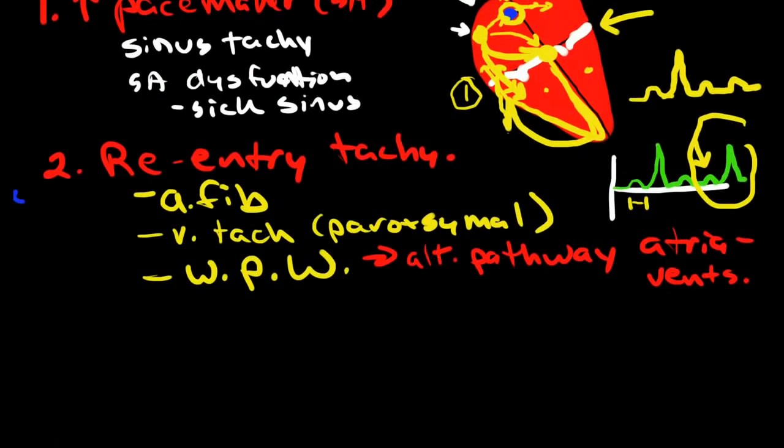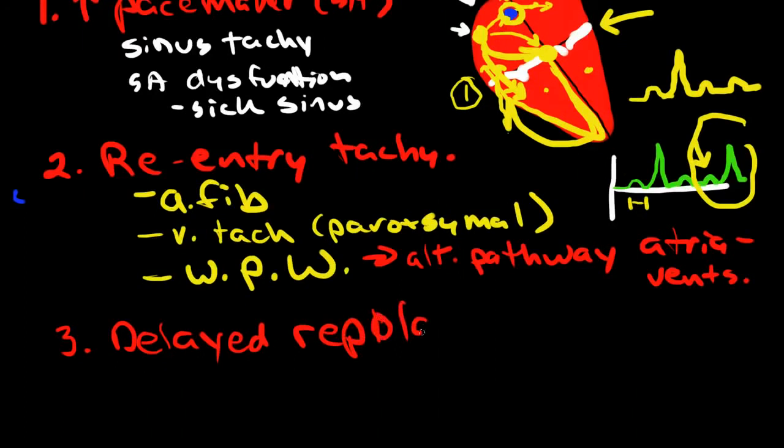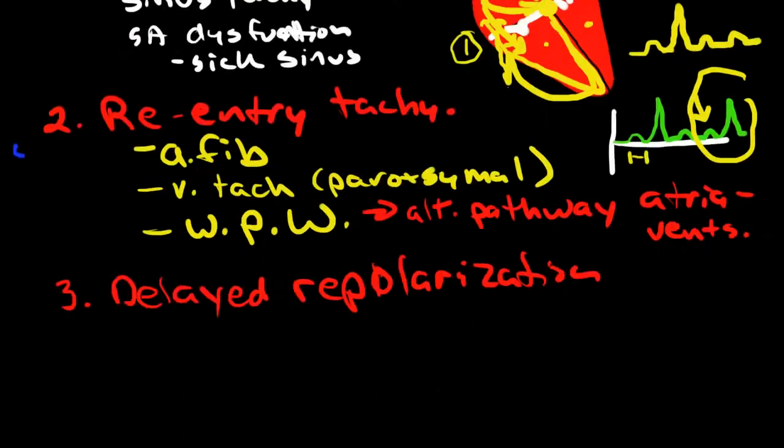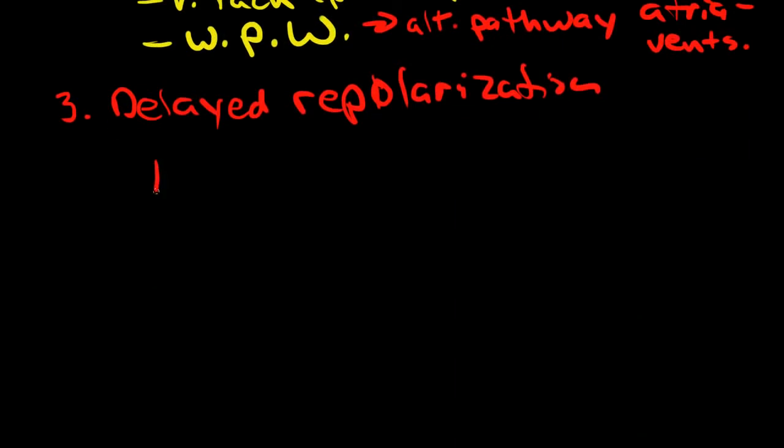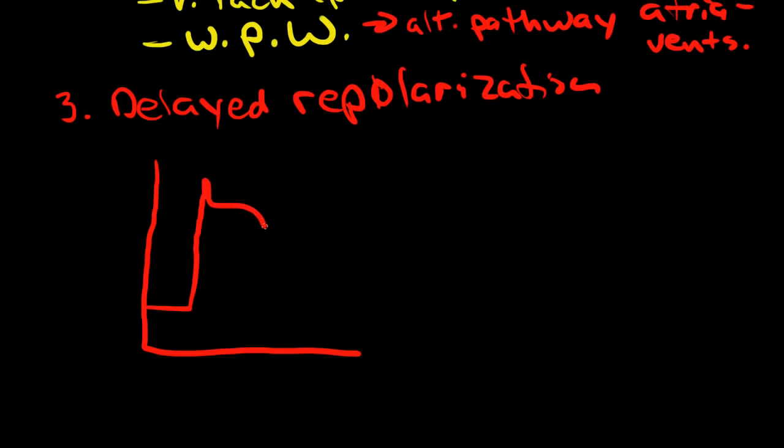The third type is delayed repolarization. Now, why is this a problem? Well, remember, if you look at the normal action potential of a myocyte, you have your resting potential here, then you have rapid depolarization, and then delayed repolarization from the calcium channels.